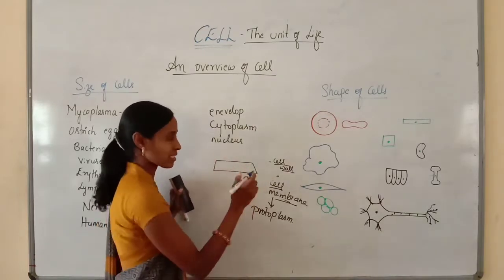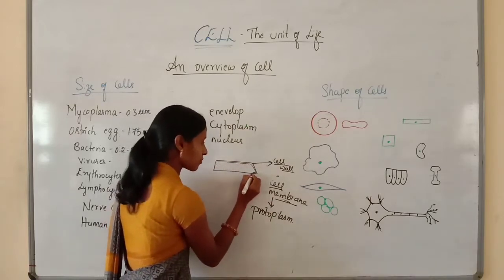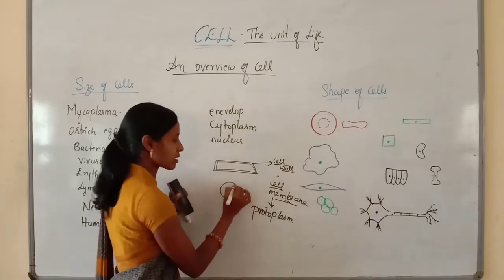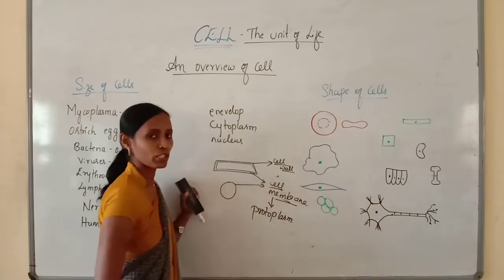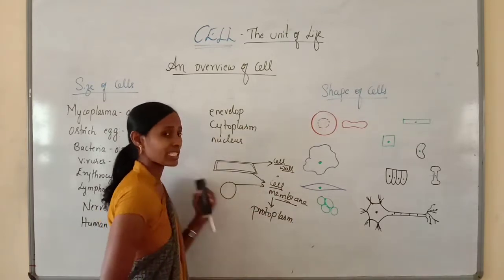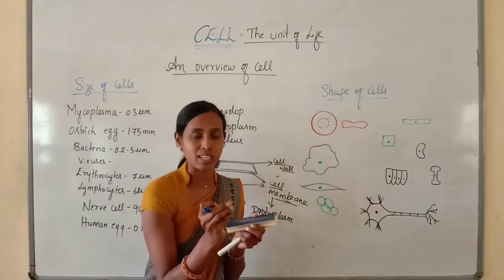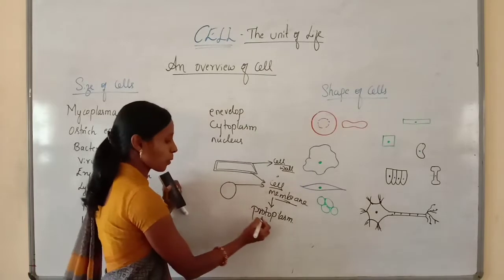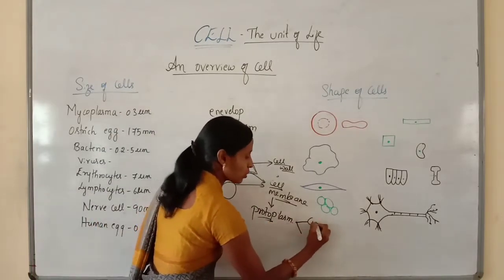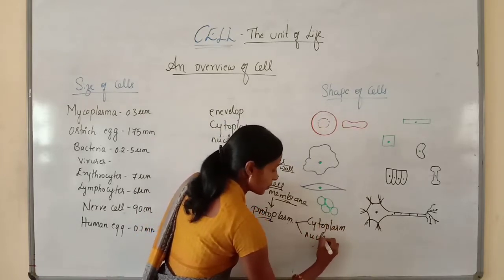In a plant cell, the outermost boundary is the cell wall, and just within the cell wall we can find the cell membrane. But in an animal cell, they have only the cell membrane as the outermost boundary. Within the cell membrane is enclosed a dense, thick, viscous, sticky fluid called protoplasm. And this protoplasm is differentiated into cytoplasm and nucleus.